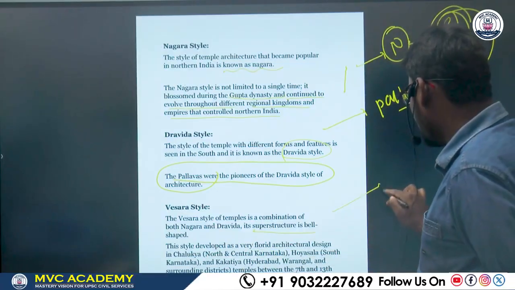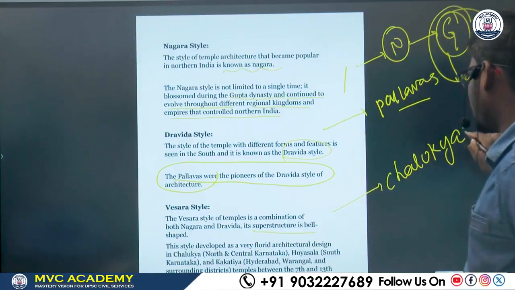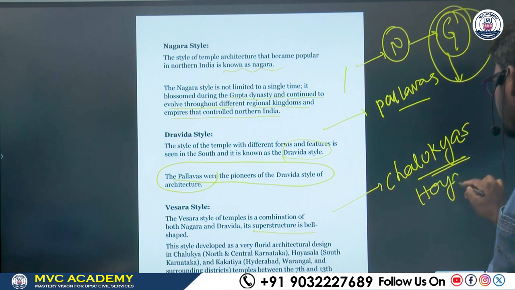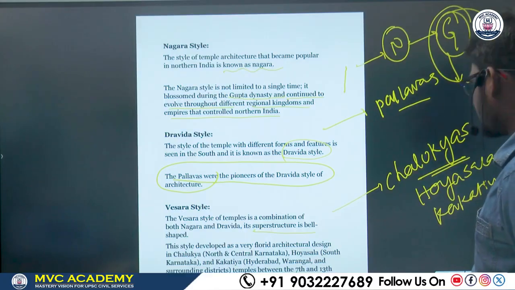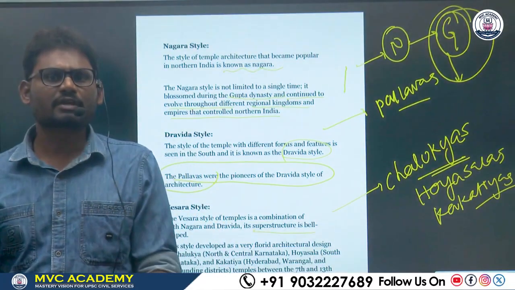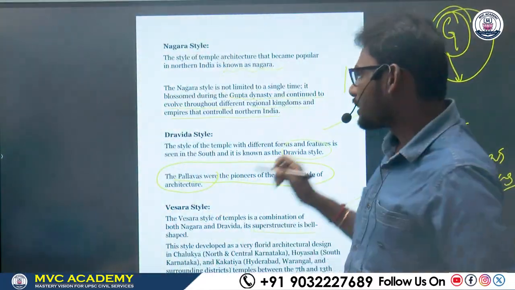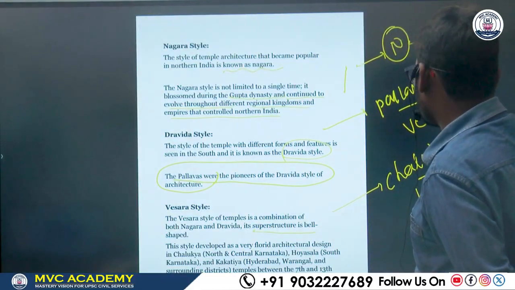It can be seen during the time of the Chalukyas, Hoysalas and Kakatiyas. Even Vesara style can be seen in Warangal as well. During the time of the Kakatiyas, they constructed according to the style of Vesara.